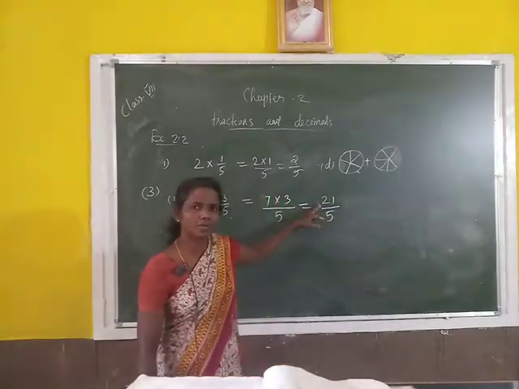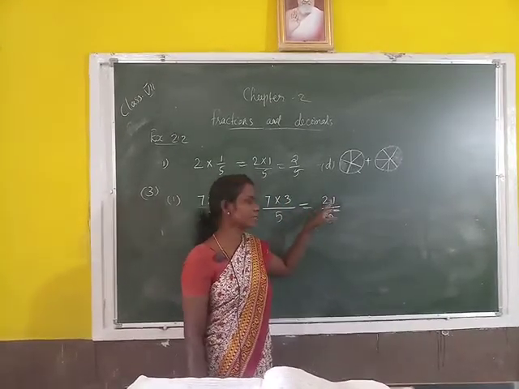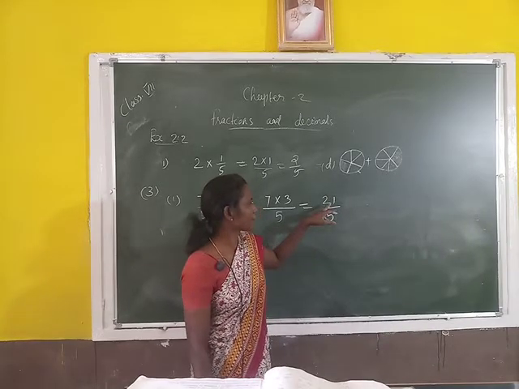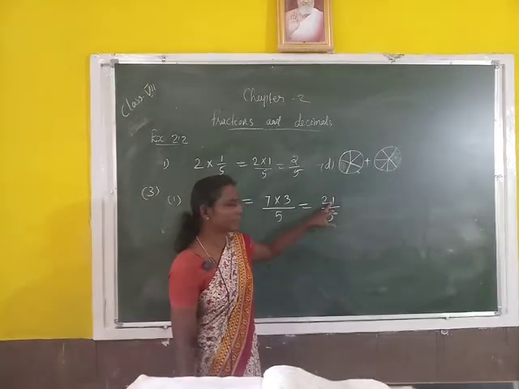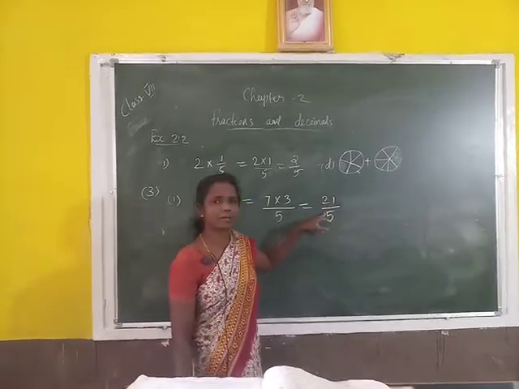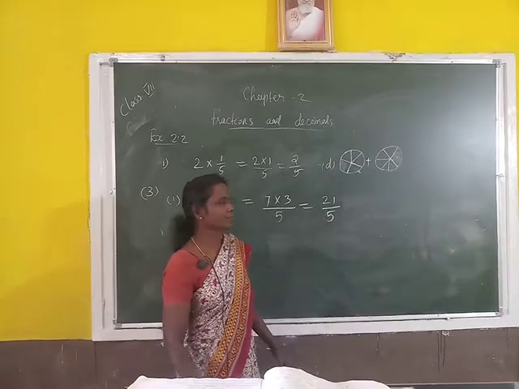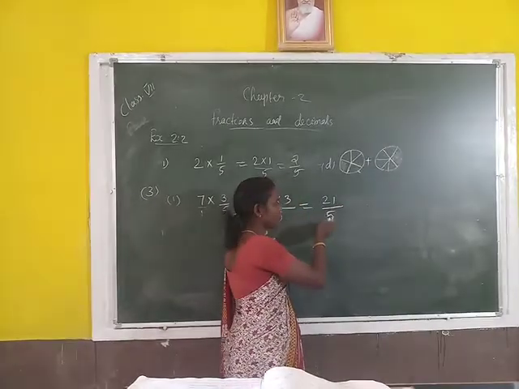How do we find the lowest form? Here the numerator is 21 and the denominator is 5. Can 21 and 5 be divided by any common number? No. So its lowest fraction is 21 by 5.